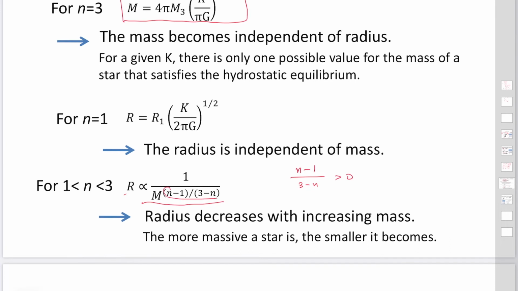So this becomes a positive quantity. So this means radius decreases with increasing mass. The more massive a star is, the smaller the star becomes. So using the Lane-Emden equation, we discovered this relation between the mass and radius.